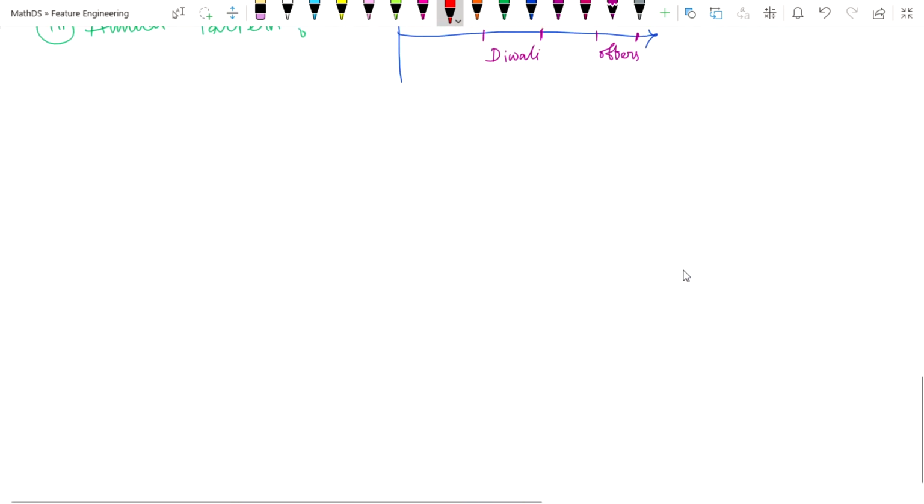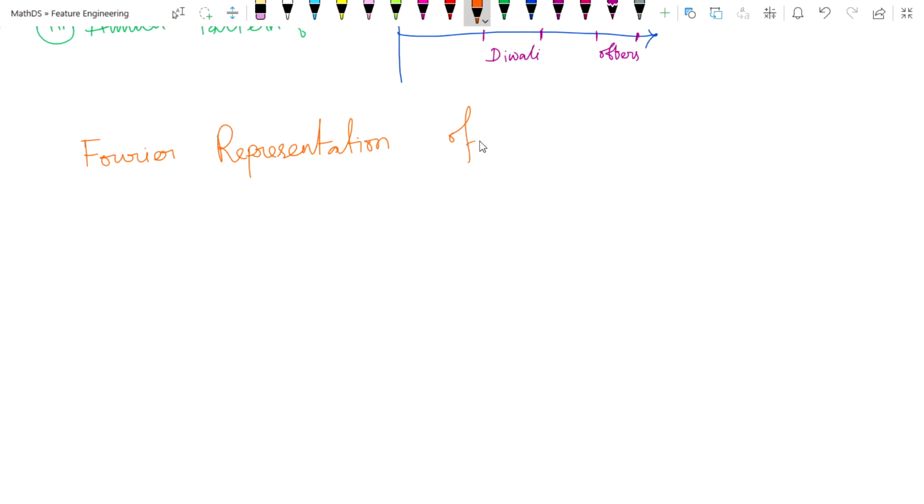So to conclude, the Fourier representation of time series data helps us featurize this data.